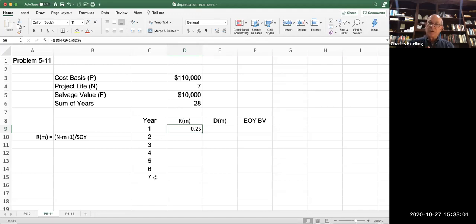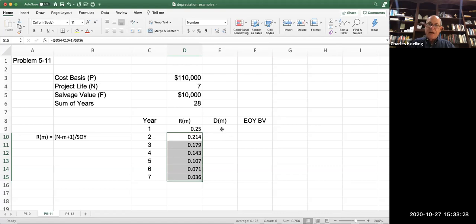So in the first year, we have 7 years remaining. The sum of years is 28, and 7 divided by 28 is a quarter, or 0.25. We can calculate that all the way down, and we don't need all those decimals. Let's leave it at 3.